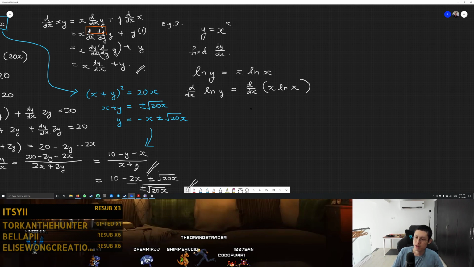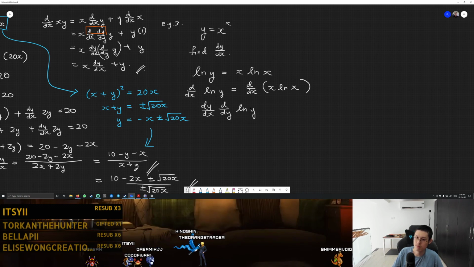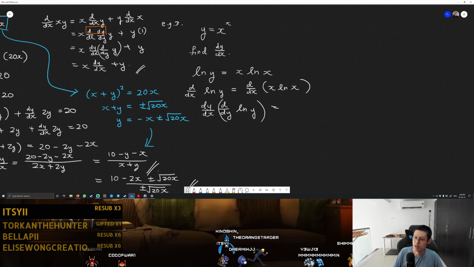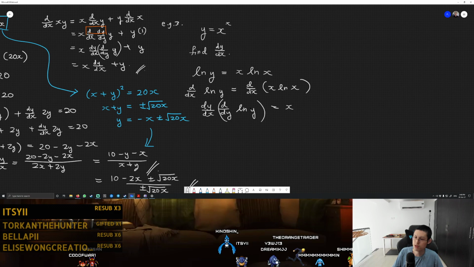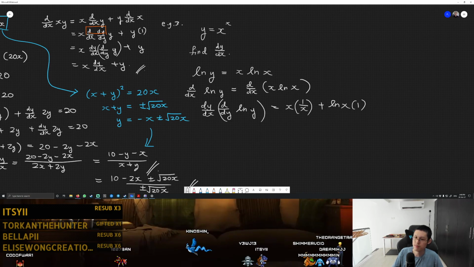So on the left, you can't differentiate ln y with respect to x, so you have to introduce the dy/dx like so. And then on the right, you can see it is a product, so you just use the product rule. So you start by writing x, differentiate ln x, you get 1 over x, plus ln x, and then you differentiate x, which gives you 1.